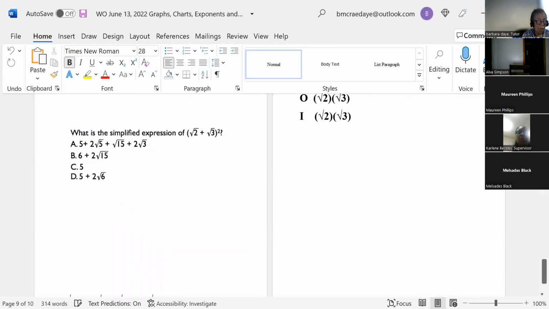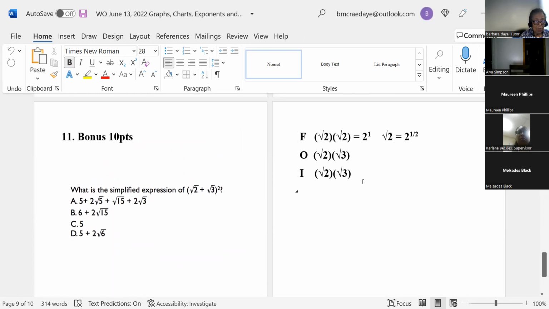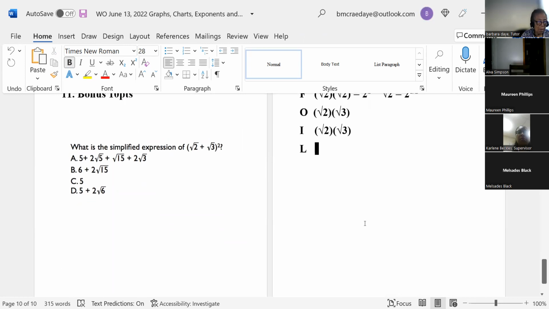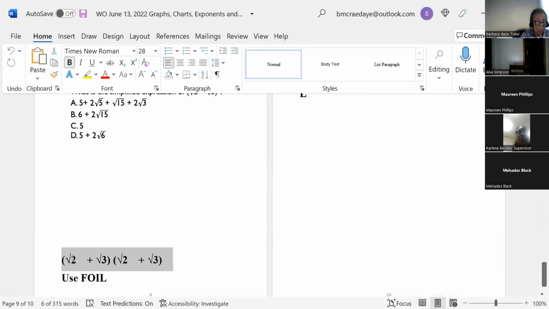I'm bringing this all over on the next page so you can see it. Okay, so square root of 2 times, now I'm at the L for last. Alva, what are the last terms? Let me put what we are using FOIL on, because you don't see it over on this side.